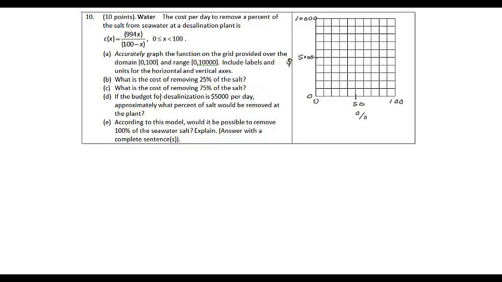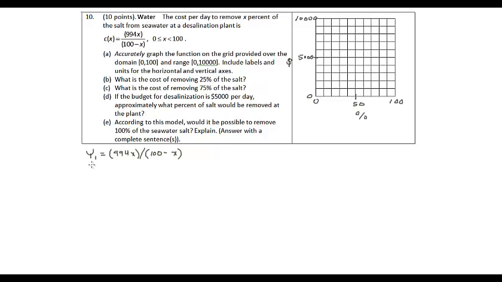When you put in the function, y1 is equal to 994x, parentheses, and then parentheses again, 100 minus x. And then go ahead and graph it.